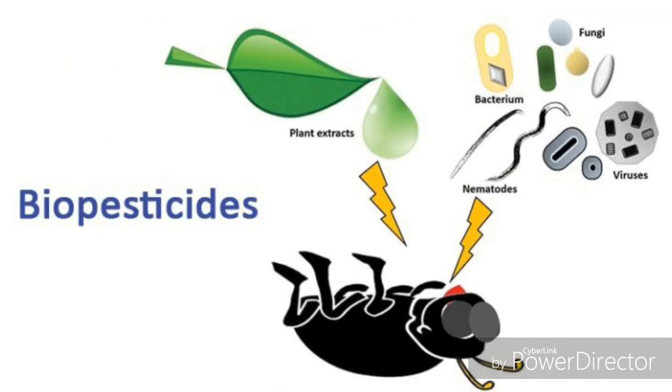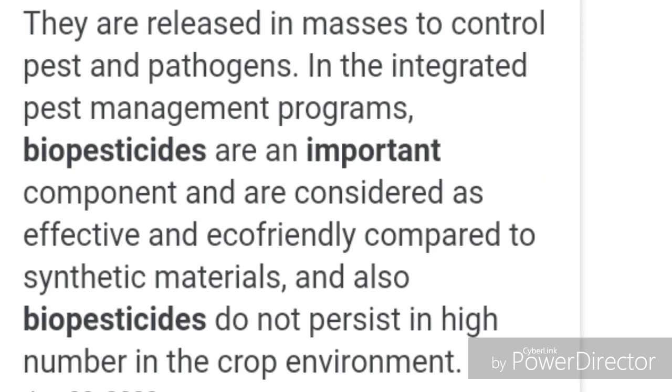Nowadays, the farmers are using biopesticides to control pest attacks on different crops, and they are eco-friendly. Biopesticides are released in masses to control pests and pathogens. In integrated pest management programs, biopesticides are an important component and are considered effective and eco-friendly compared to synthetic materials.